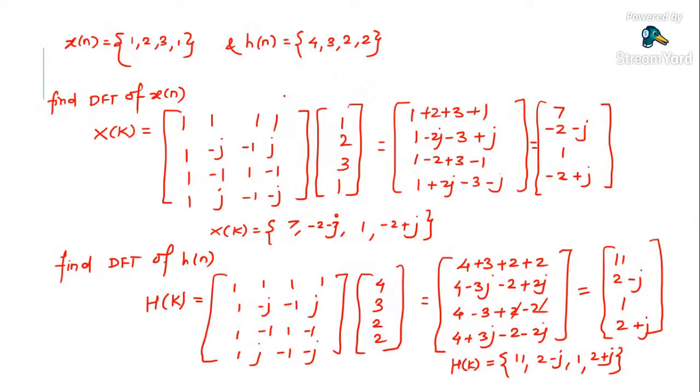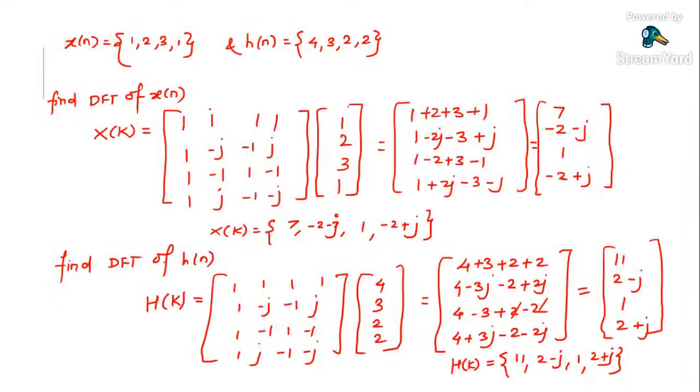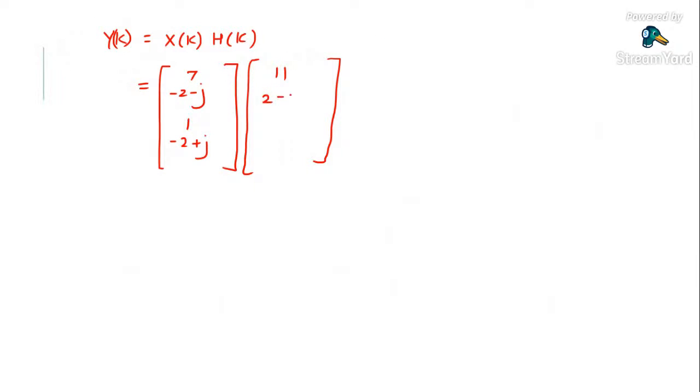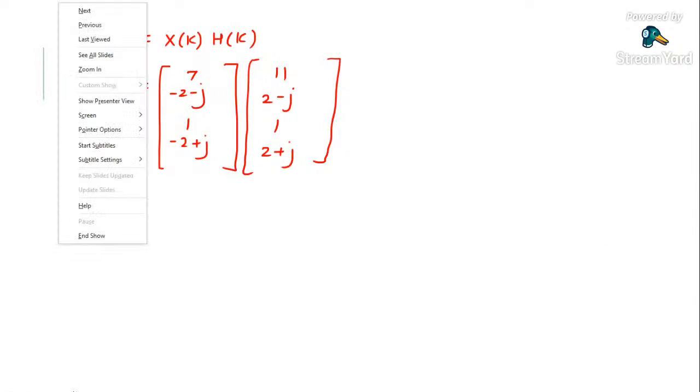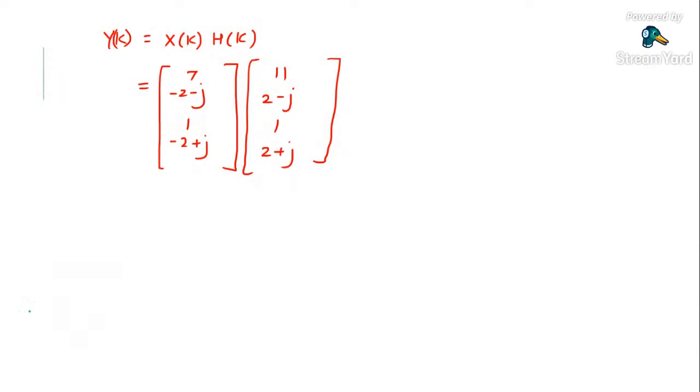So write down X(k), that is 7, -2-j, 1, -2+j, and H(k), that is 11, 2-j, 1, 2+j. Then multiply the first terms, then the second terms, then the third and fourth terms.